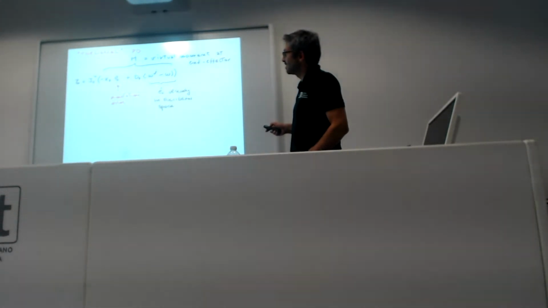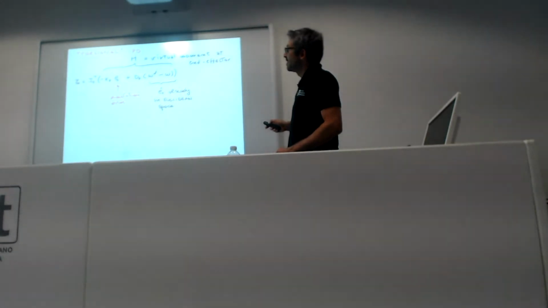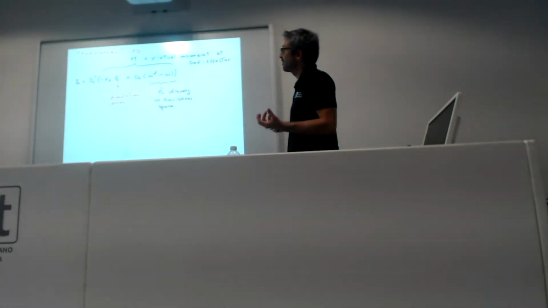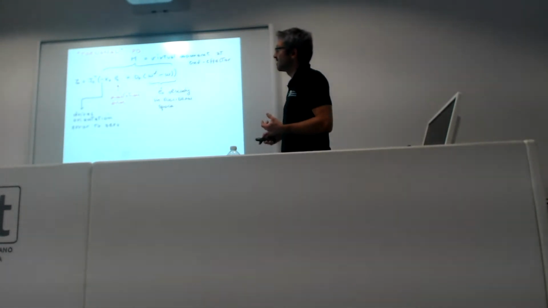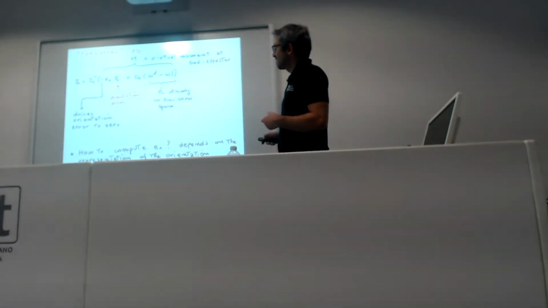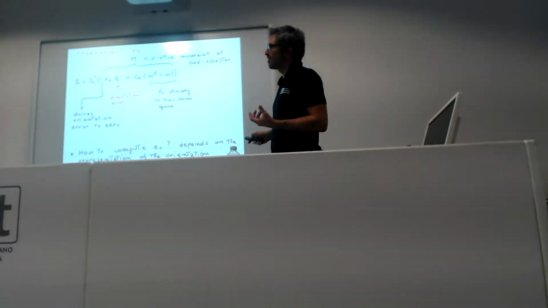In general, the orientation error derivative, because we use the angular velocity, and the angular velocity lives on a Euclidean space. But how is this orientation error computed?